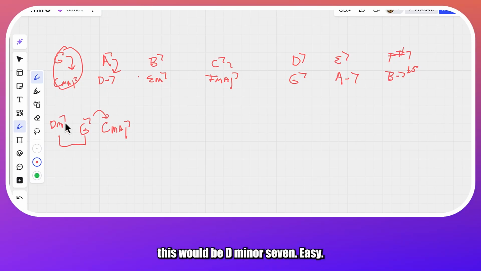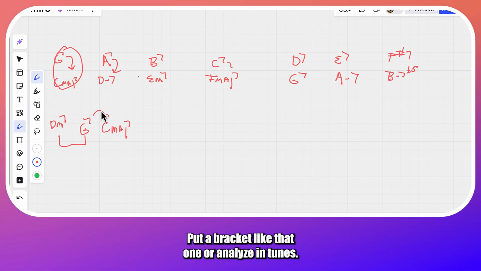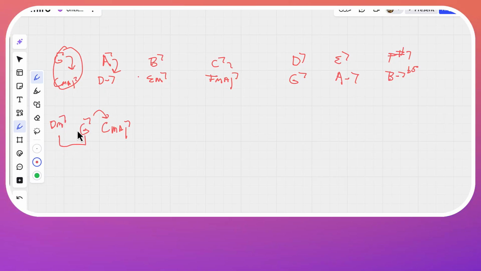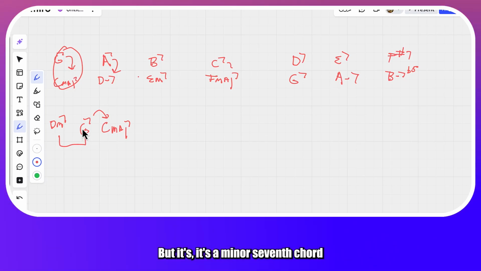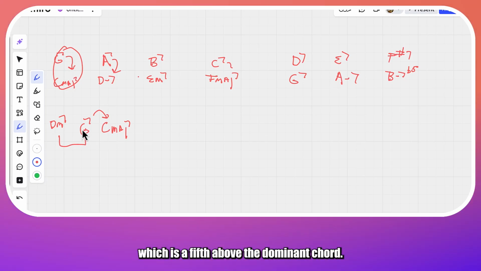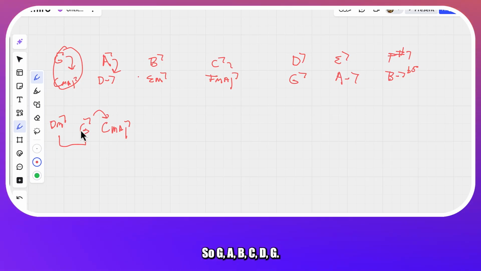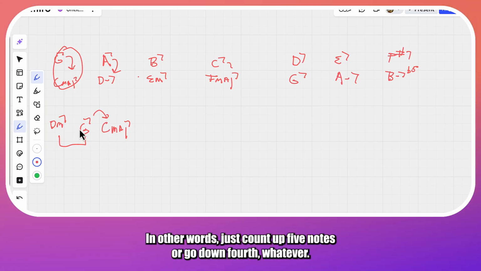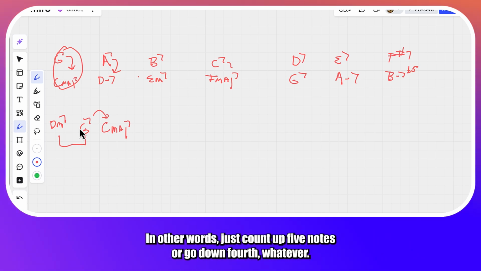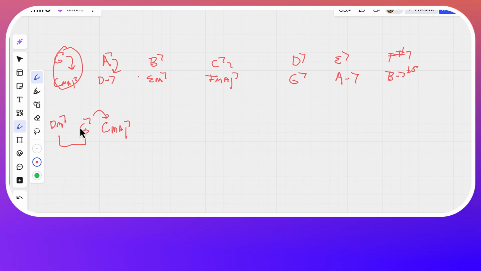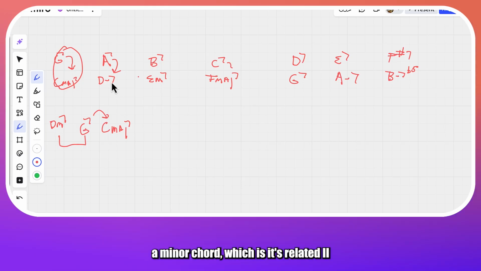And this would be D minor 7. They usually put a bracket like that when they're analyzing tunes. It's a minor 7th chord, which is a 5th above the dominant chord. So G, A, B, C, D. In other words, just count up 5 notes or go down 4 notes, whatever. And you'll get a minor chord, which is its related 2.